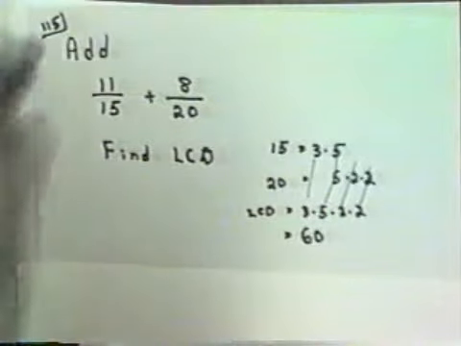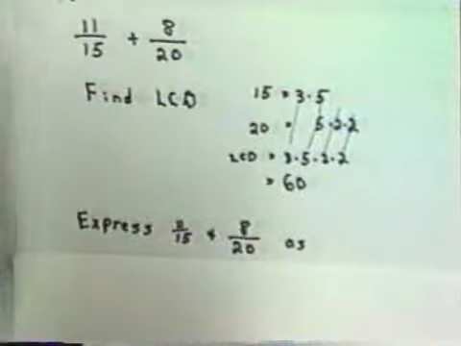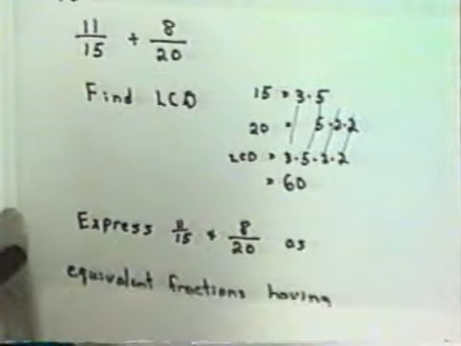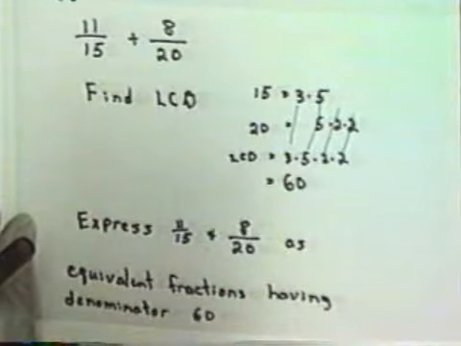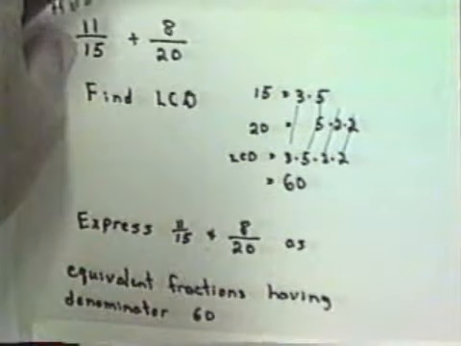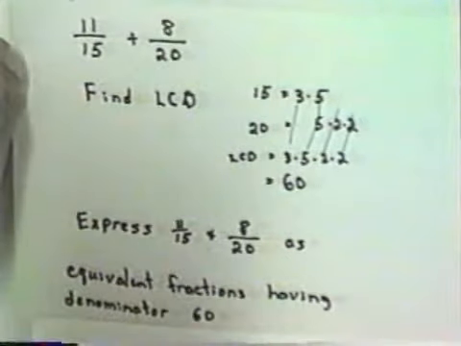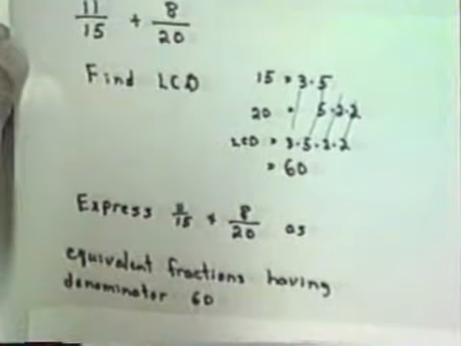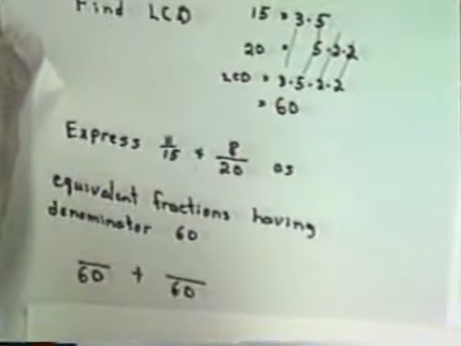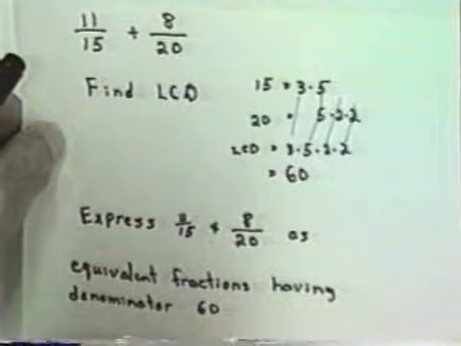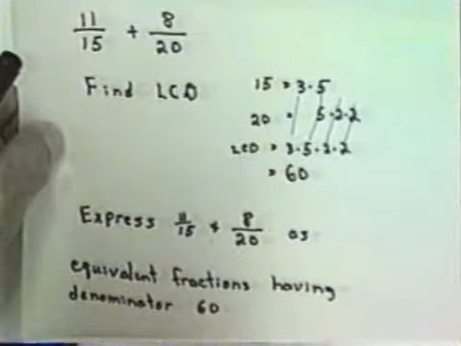Now once you know what the common denominator is, then you want to express both fractions, the 11/15 and the 8/20, as equivalent fractions having a denominator of 60. In other words, you want to express your given fractions as their equivalent having the common denominator of 60. Now you're going to have to look on your sheet because I can't get all of it on here, but you've got 11/15 plus 8/20.